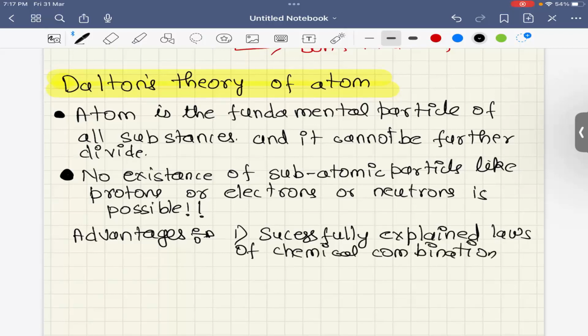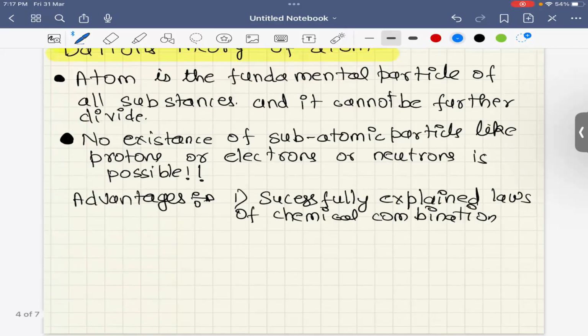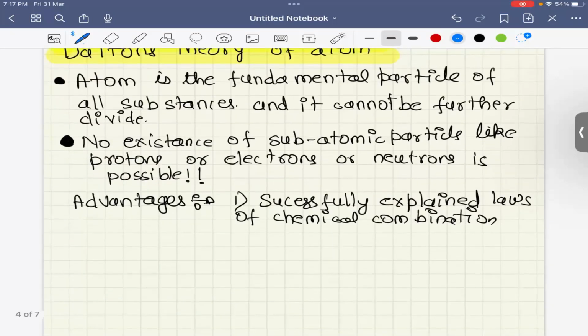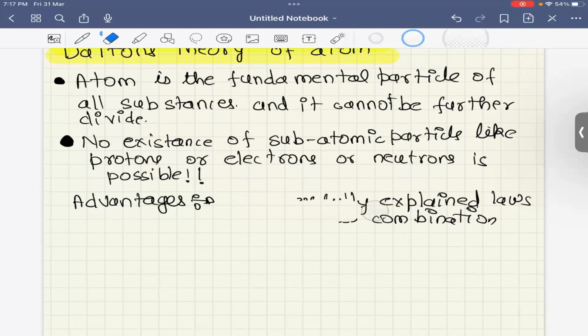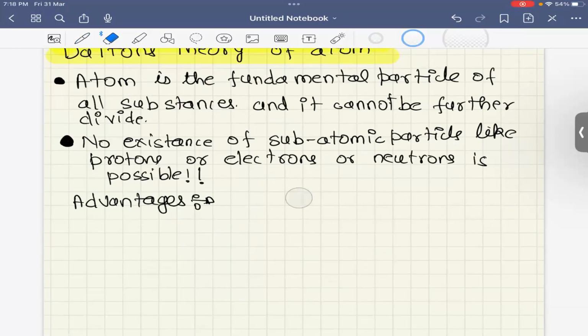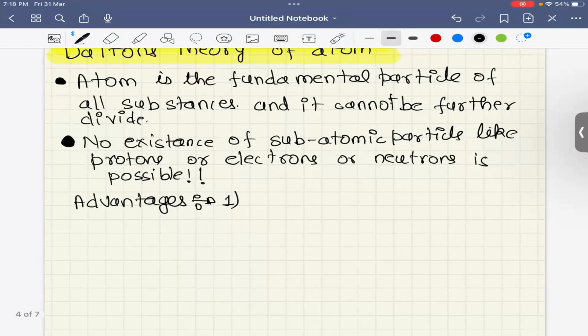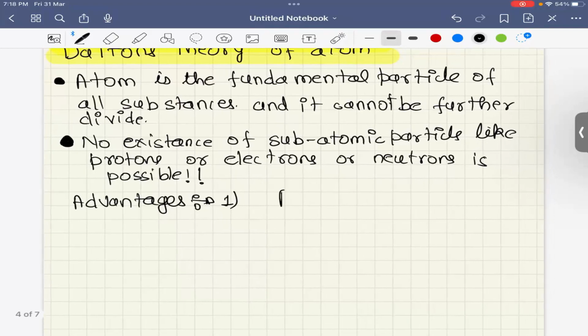According to this theory, different atoms can be different. For example, an atom of iron will be different from an atom of cadmium, which will be different from an atom of hydrogen. So we can have different atoms.